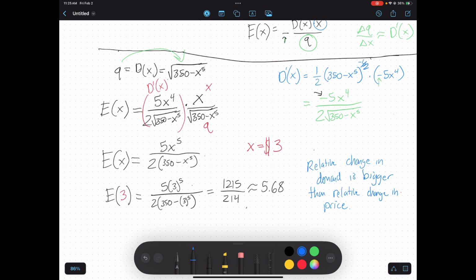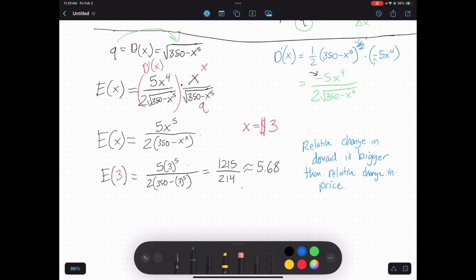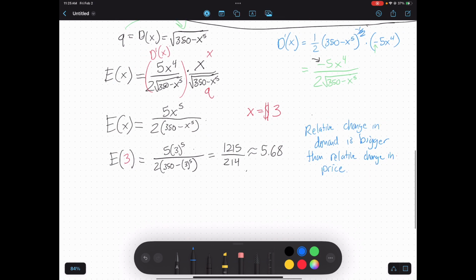Okay, sure, that's good to know. If I'm the business owner, what does this actually tell me to do? What can we change? We can change the price. So really it boils down to, should I change the price? How should I change the price? Well, let's think about that.